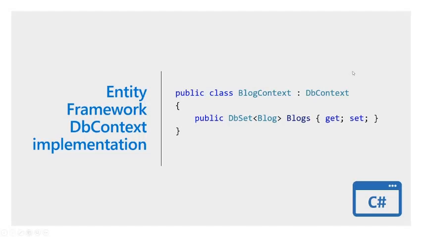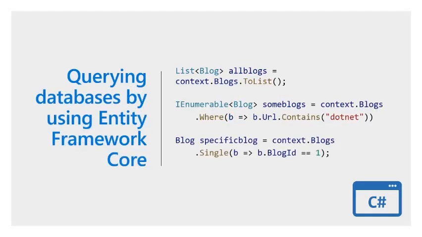So DB context is the whole connection between your database and your .NET application. You can use it to write and execute queries, track changes, and bind objects.